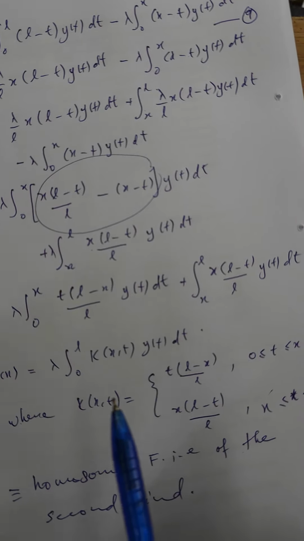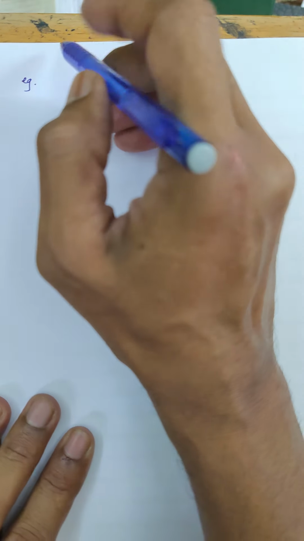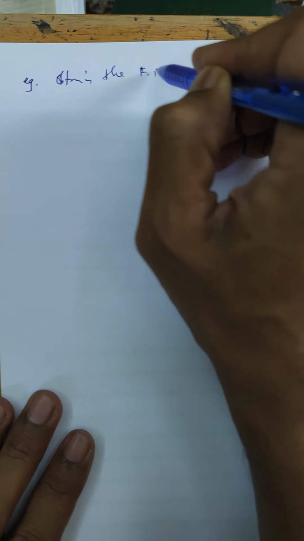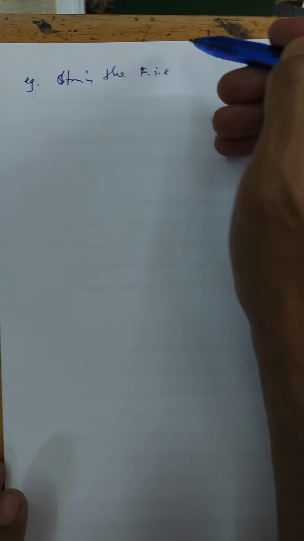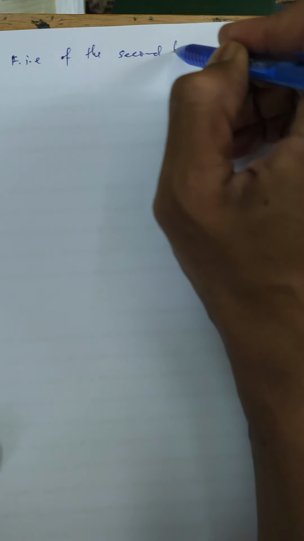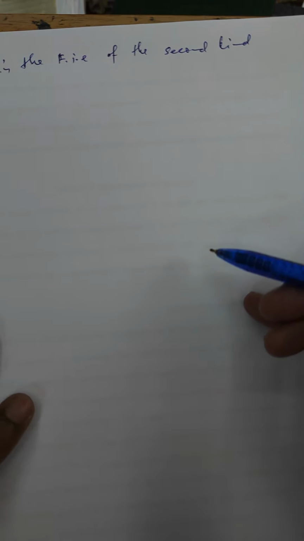So let's consider another example. Obtain the Fredholm integral equation of the second kind corresponding to the following boundary value problem.